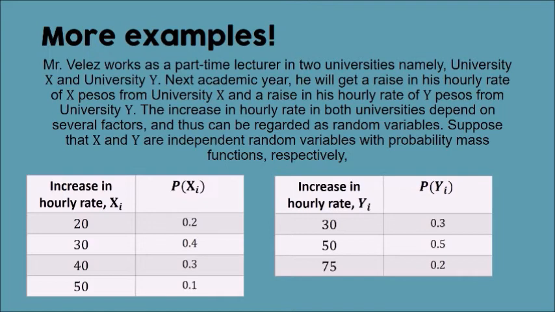Suppose that X and Y are independent random variables with probability mass functions, respectively these two tables below. These are types of problems that have more than one random variable, increase in hourly rate X and increase in hourly rate Y, which are both independent, and also with independent probability distributions. So let us try solving step by step.